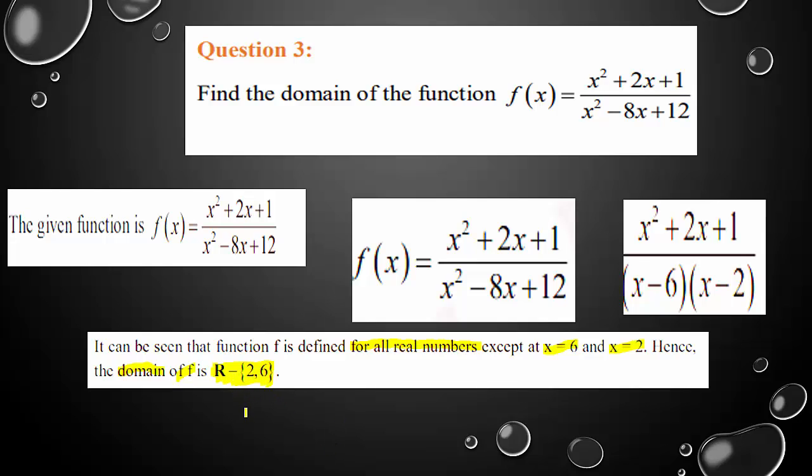That means in this real number set, there are all numbers other than 2 and 6. Hence the domain is R minus the set of 2 comma 6. So this is the required answer. Clear?